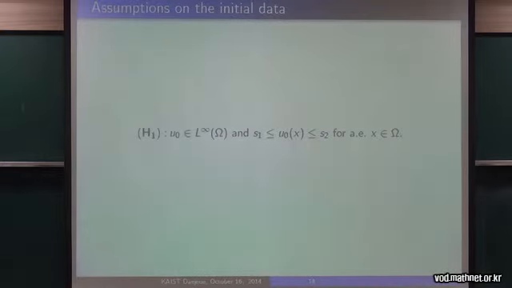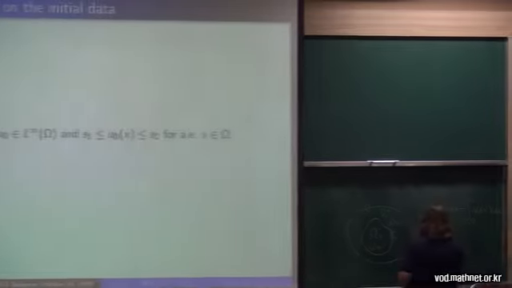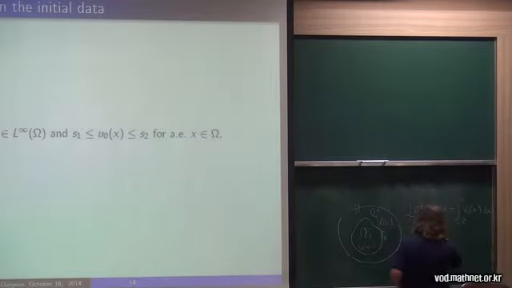Here you have what I call hypothesis H1, which is very simple, and it will be the same for the rest of the talk. We have u naught belongs to L infinity of omega, and u naught is between s1 and s2.